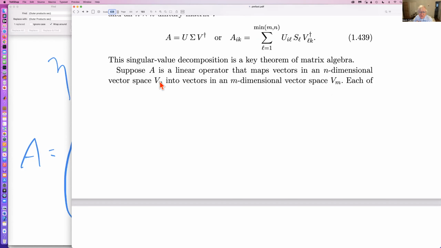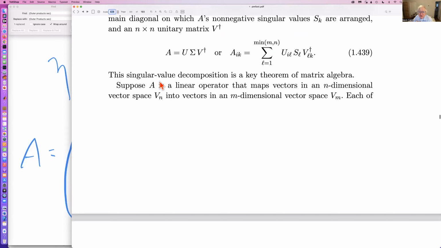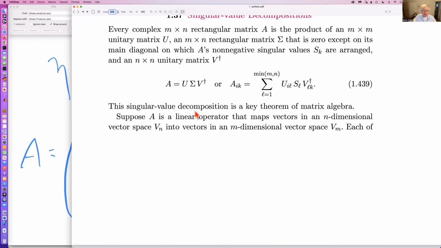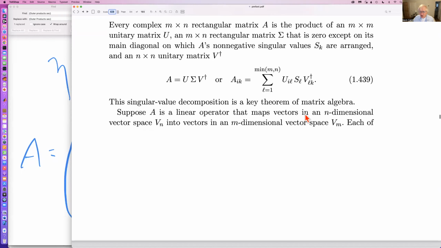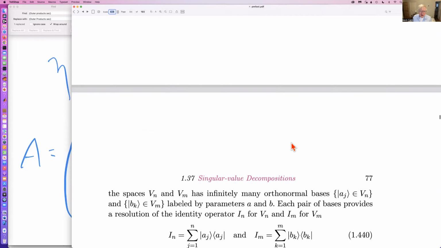Oh, I shouldn't have used two uses of V, for the adjoint there and for a vector space. This is bad notation. I'm running out of letters.